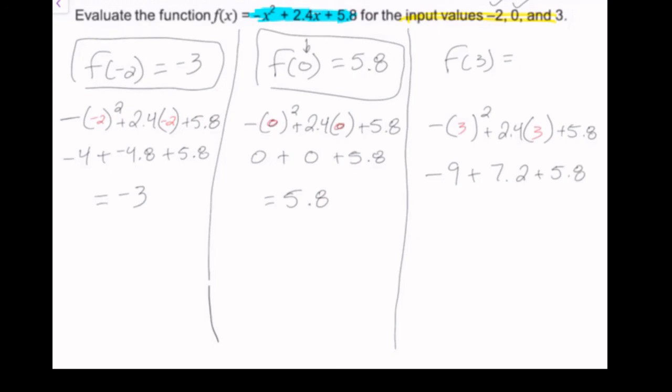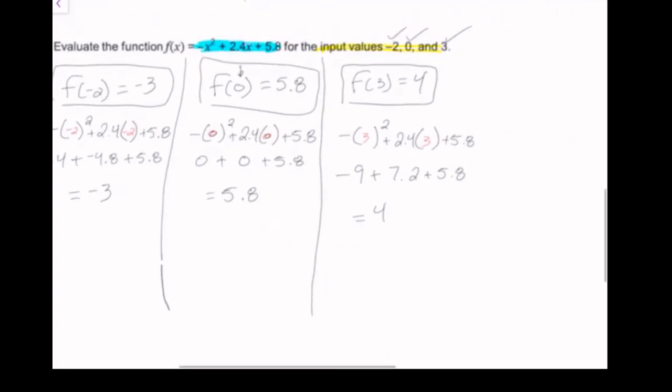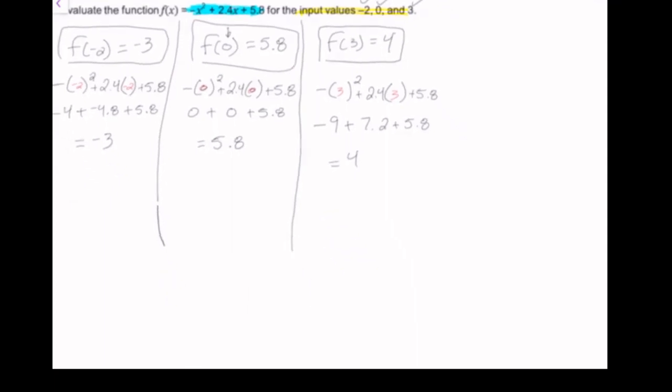You put that together and you get f of 3 is equal to 4. Again, when you have f of a number is equal to a number, it is the same thing as making a table. So I'm going to display it one more time so you can see what I mean. So we have f of -2 equals -3, f of 0 equals 5.8, and f of 3 equals 4.